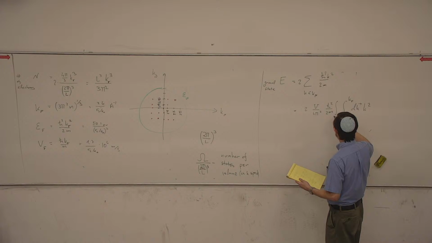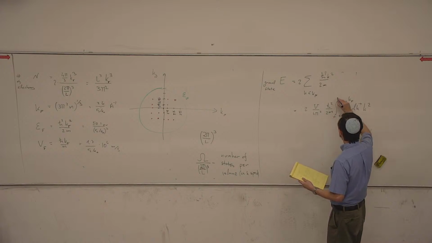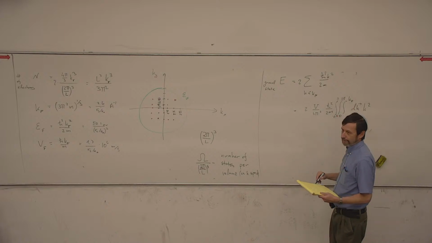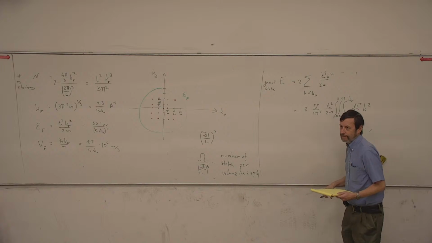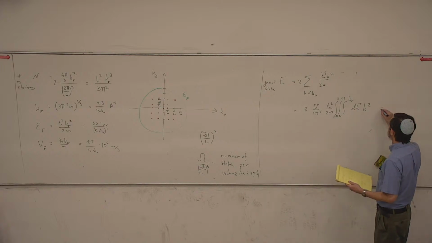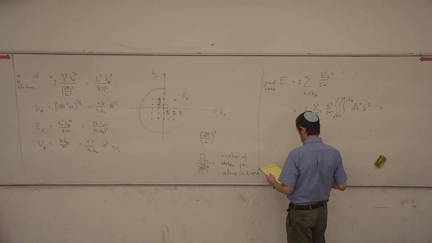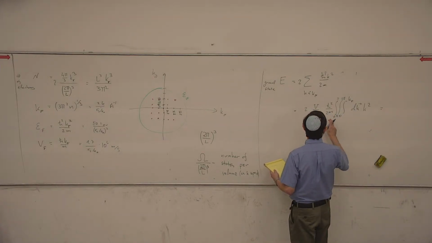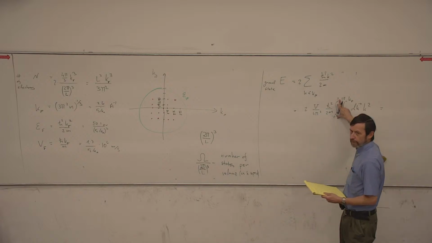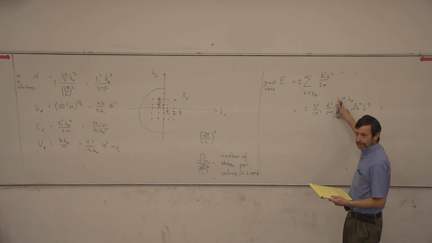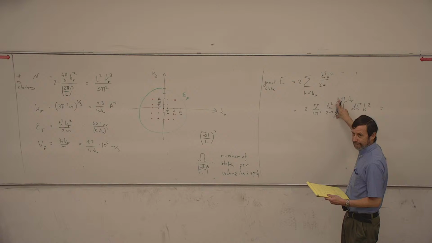I should really write down 2 pi. So these give me the traditional 4 pi.